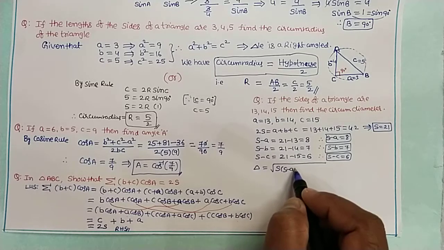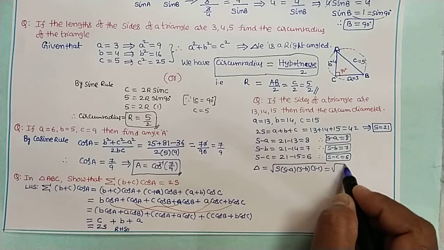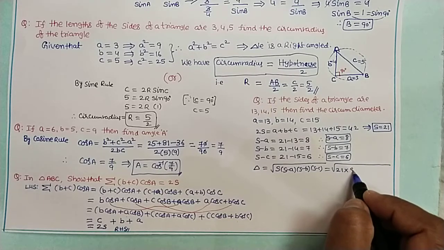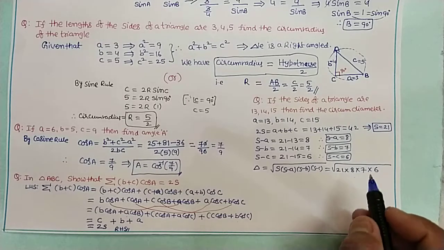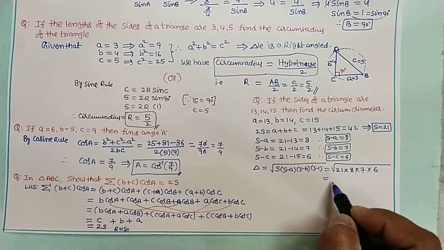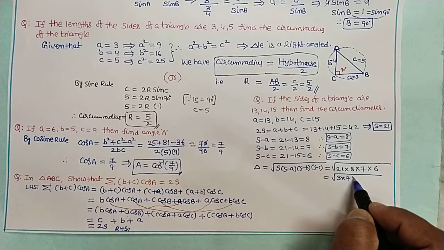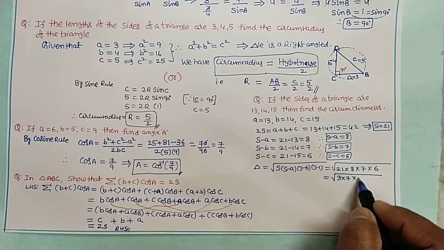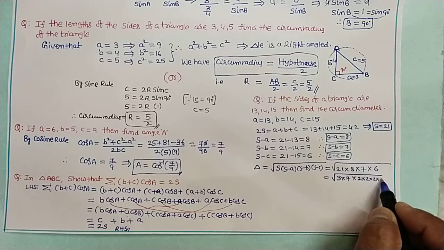Delta is the square root of s into (s minus a) into (s minus b) into (s minus c), which is equal to square root of 21 into 8 into 7 into 6, which is equal to square root of 3 into 7 into 2 into 2 into 2 into 7 into 3 into 2.